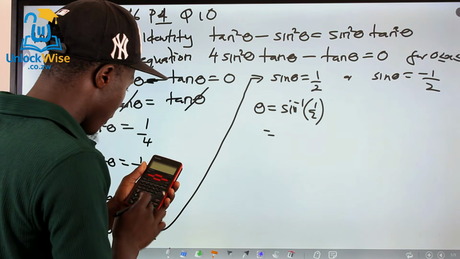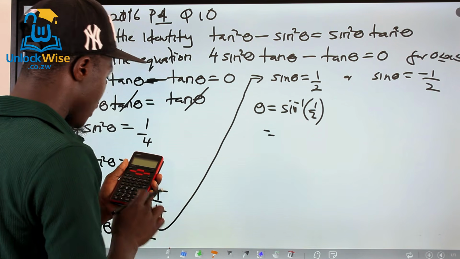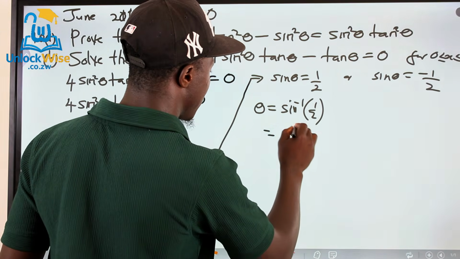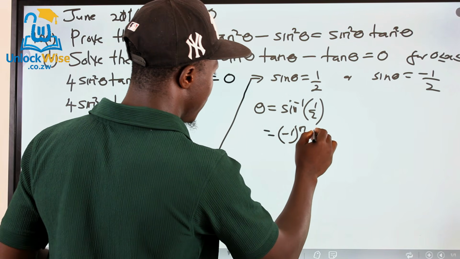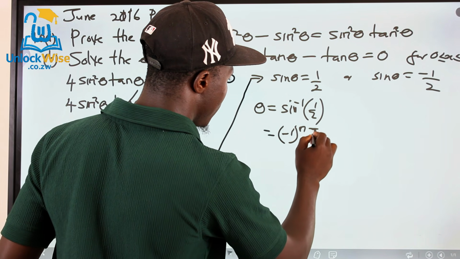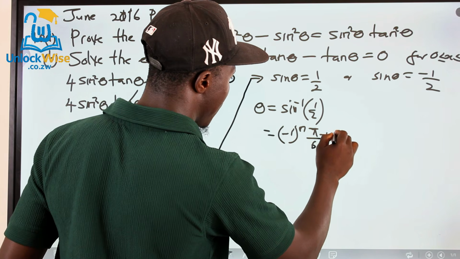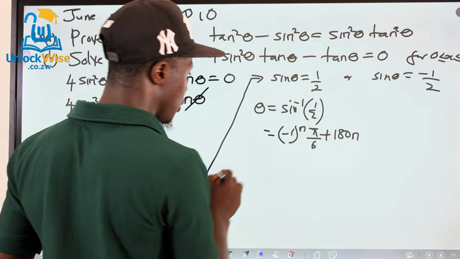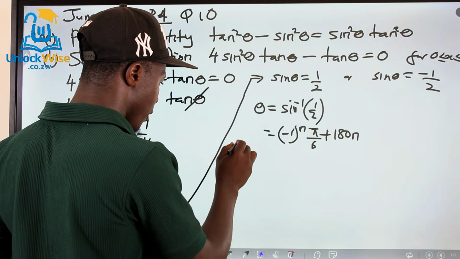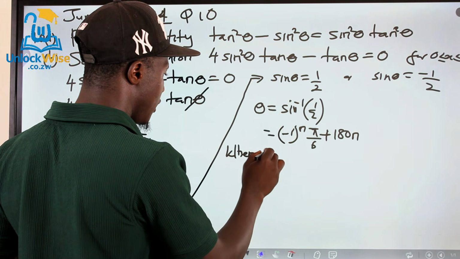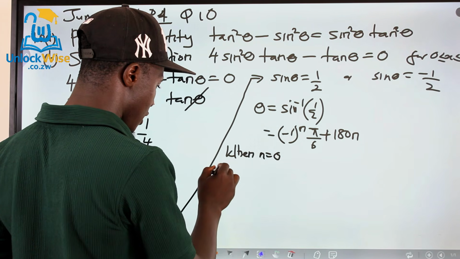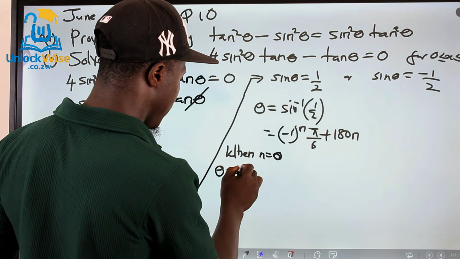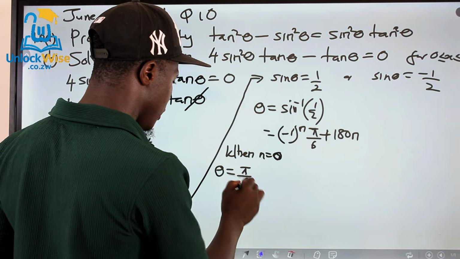Arc sine of half is equal to pi upon 6. So this is equal to (-1)^n pi upon 6 plus 180n. When n is equal to 0, our theta will be pi upon 6.